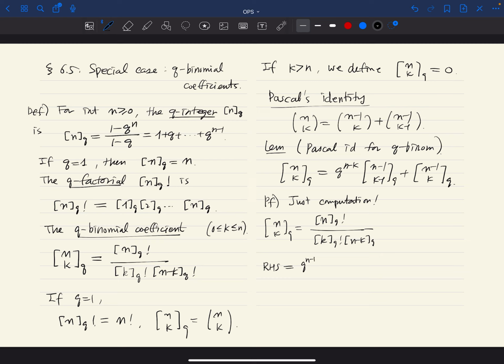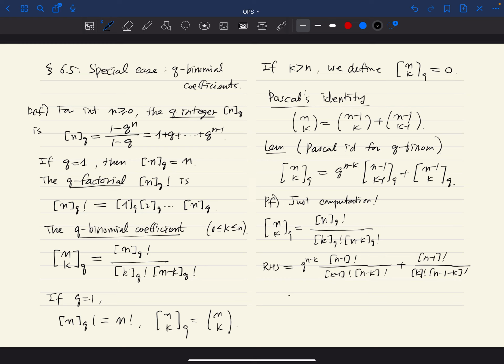Q to the n minus k, n minus 1 q factorial, over k minus 1 q factorial, n minus k q factorial. Let's omit the sub q; sometimes people do that, and we can do that too. Plus n minus 1 factorial over k factorial, n minus 1 minus k factorial, q factorial.